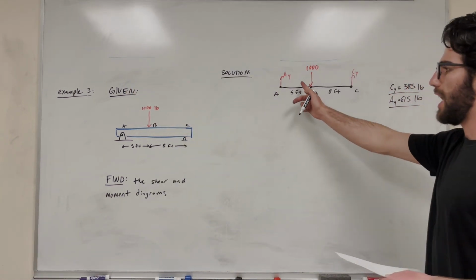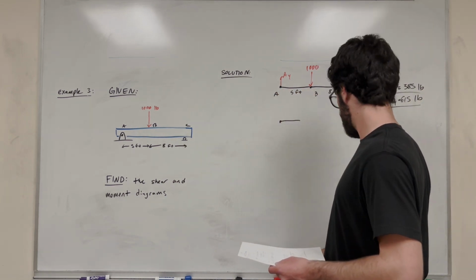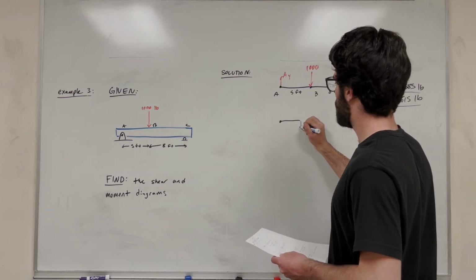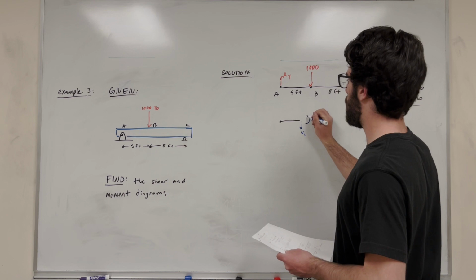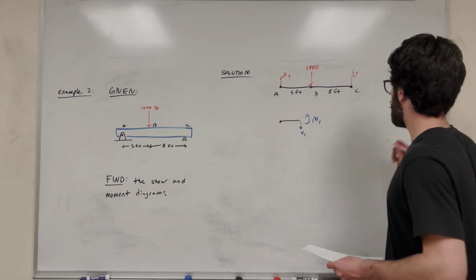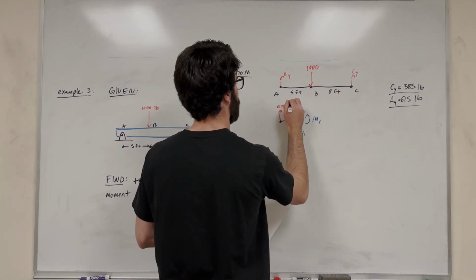The first cut is going to be anywhere between A and B. So we're going to cut there, and let's draw our reactions. Of course, we have shear pointing down. Let's label that shear V1, and this is going to be moment M1 because this is the first of 2. We know what A of Y is: A of Y is 615 pounds.